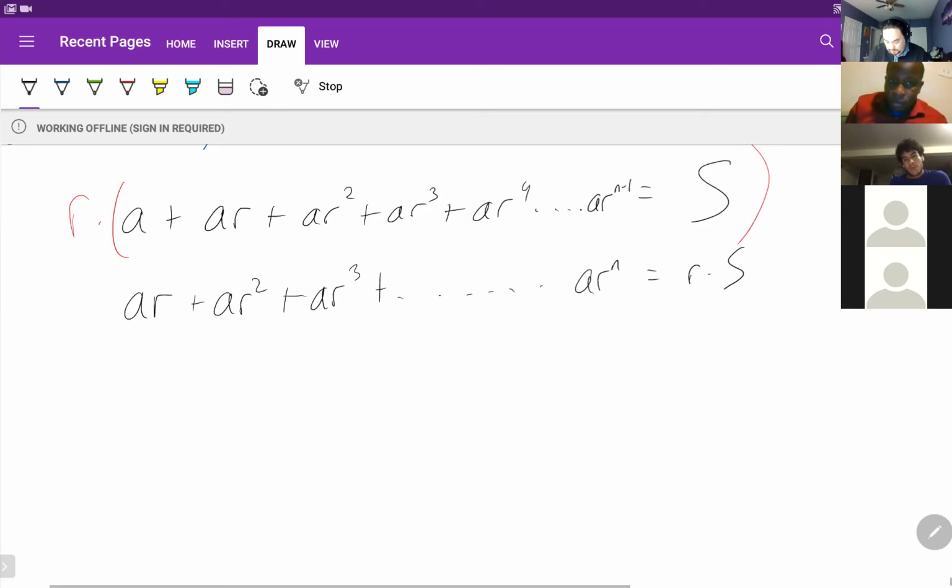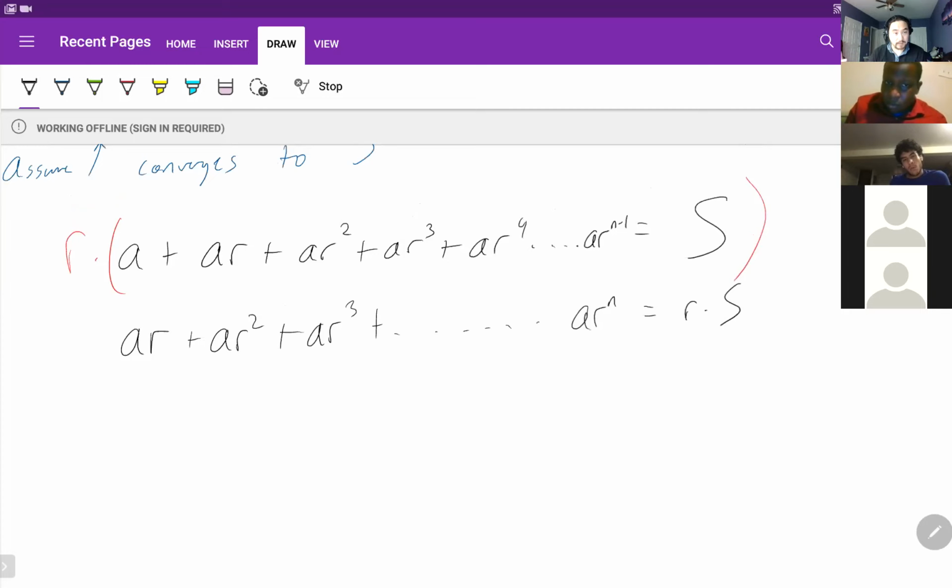Now, since I have two equations here, I can play with them, kind of like elimination when solving a system. I can subtract 2 from 1. And what's going to be left, if you think about it, is that the middle terms cancel out.